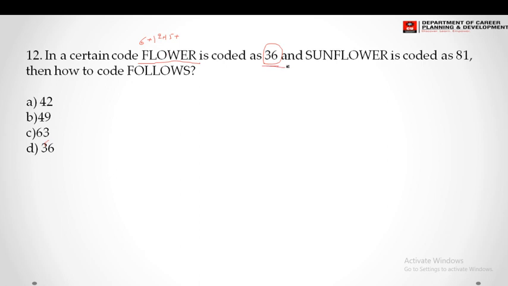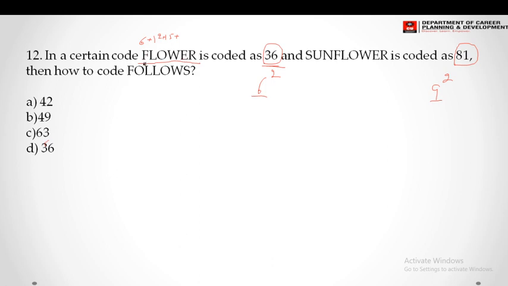And this is 36 and this jumps from 36 to 81. So another thing we know about these two numbers is that they are perfect squares. Means, for example, 36 is 6 power 2 and this is 9 power 2. So how are we taking this as 9 and this one as 6?